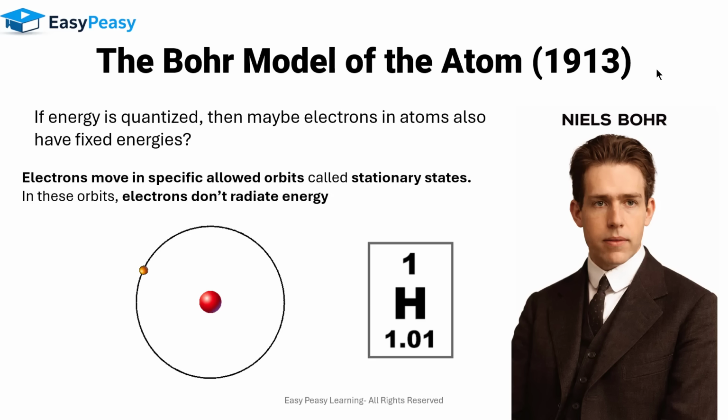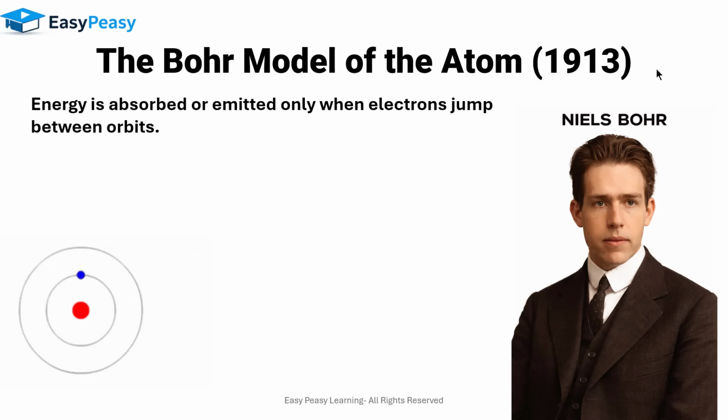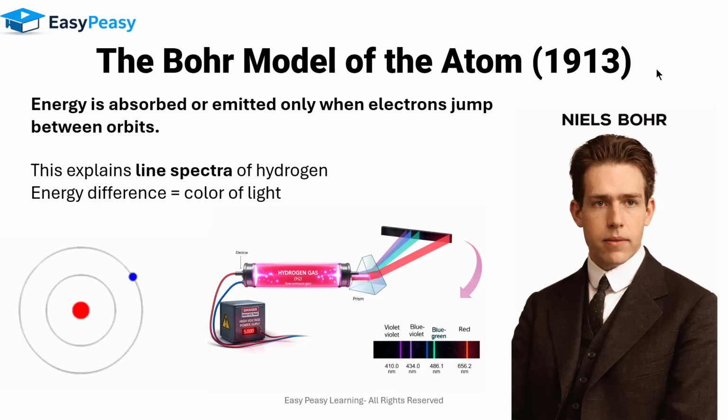And that's how he explained that electrons move in specific allowed orbits called stationary states. In these orbits, electrons do not radiate energy. But energy is absorbed or emitted only when electrons jump between the orbits. This explains the line spectrum of hydrogen, where the energy difference equals the color of light.